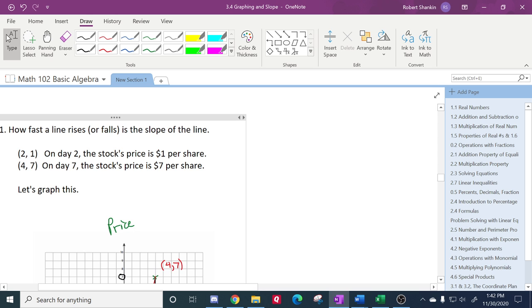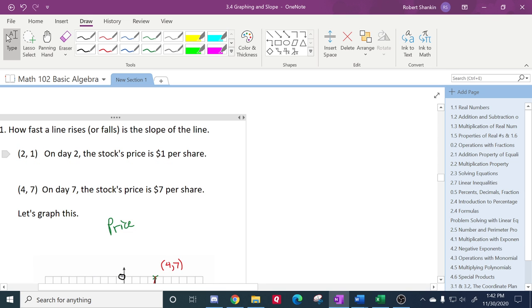When it changes from $1 per day to $7 per day, we say, and let me put a couple spaces in here. We say that this rise is $6.